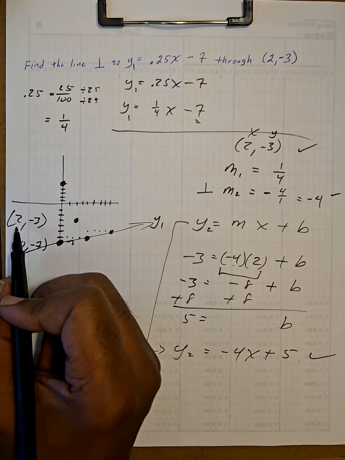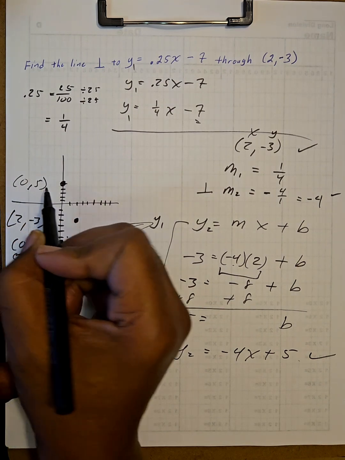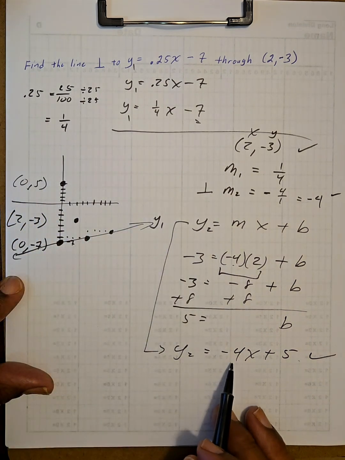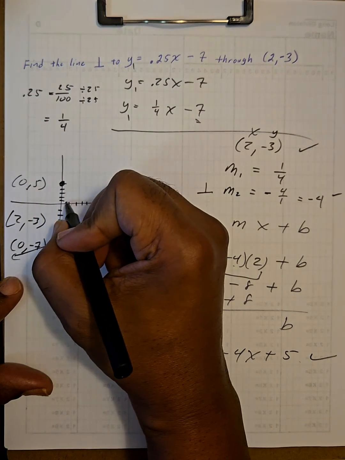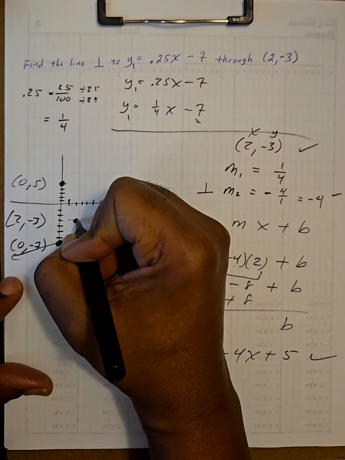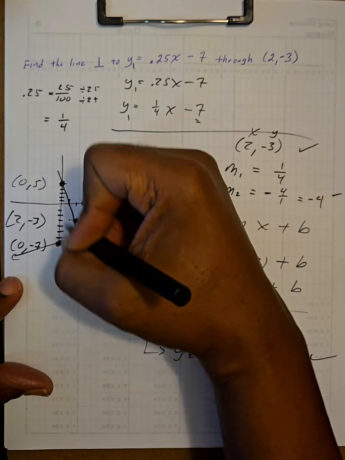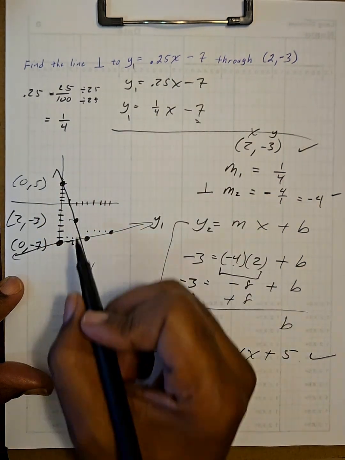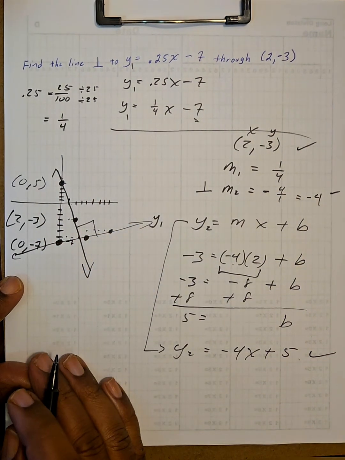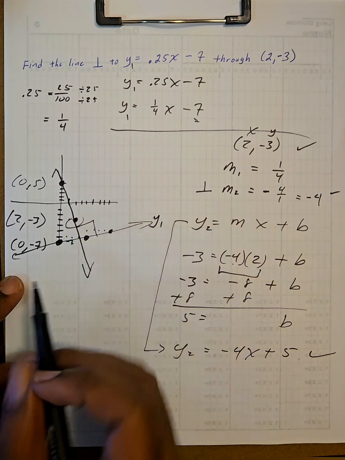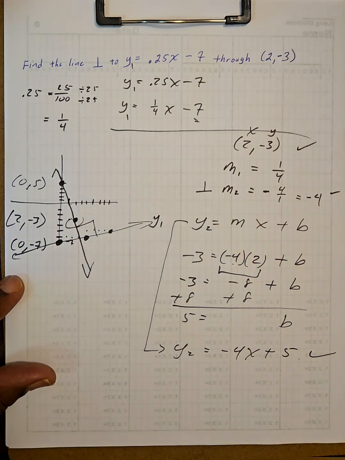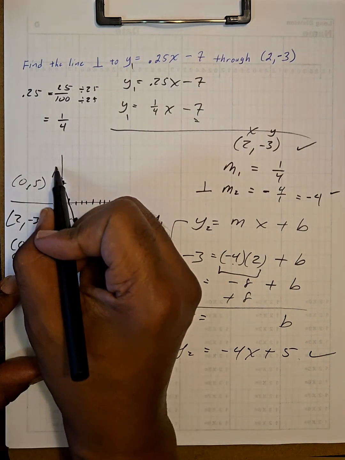Okay, it's there, (0, 5). And it's going to go down 4 over 1. So down 4 over 1, down 4 over 1, down 4 over 1. So it's going to look like this. And there's that perpendicular right there. And it goes right through that point of (2, -3). So we did well.